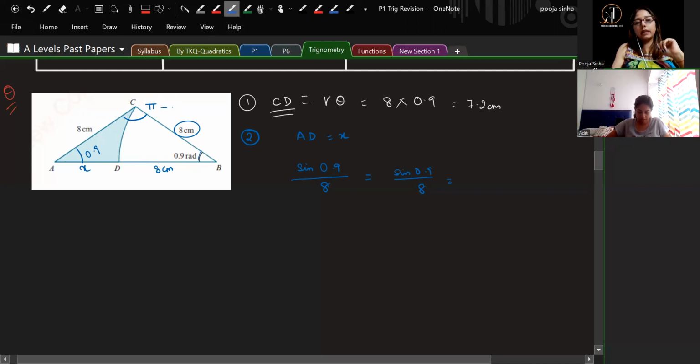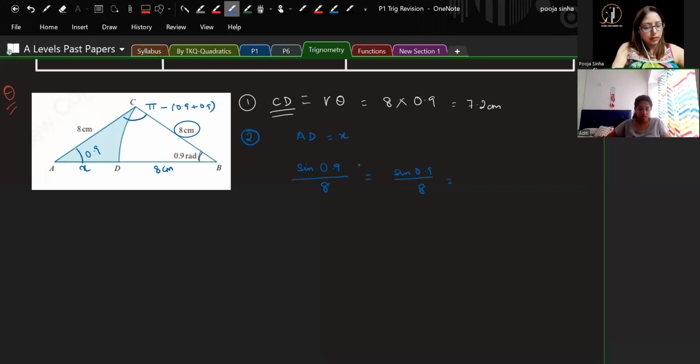So pi minus 1.8, I'm getting the answer as 1.34 radians. So that will be 1.34.